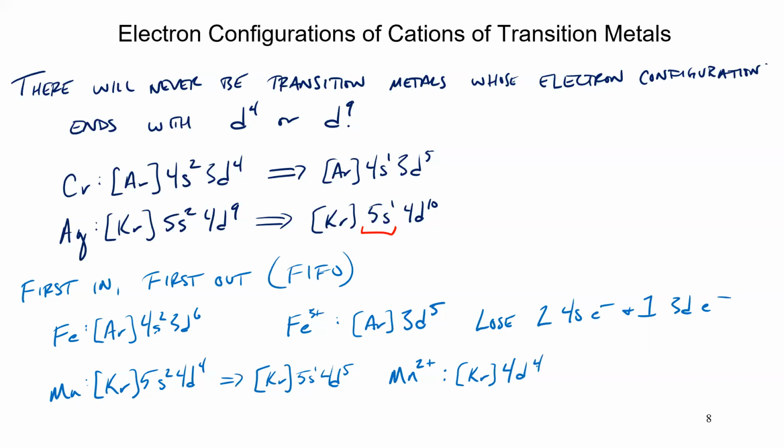Absolutely. Okay. And so that first in, first out rule for transition metal ions, we need to take into account both those special cases with the full and half full subshells, and then this first in, first out rule.